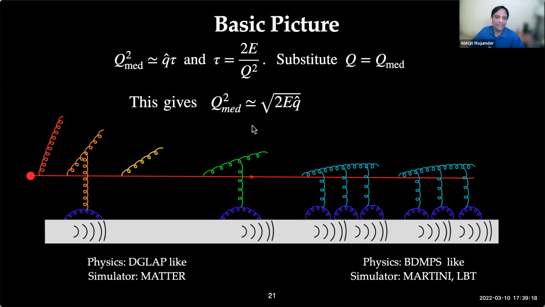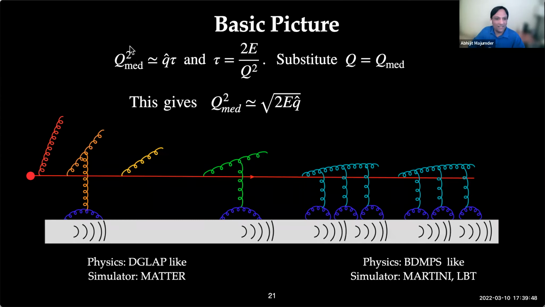Okay, so how did I get that estimate? Well, if you say that the generated virtuality is completely driven by scattering, then given the lifetime of a parton between splits, the generated virtuality would simply be Q hat times that length. Remember, Q hat is transverse momentum squared per unit length. Length and time are the same thing, basically, since the thing is moving at the speed of light. We're not doing heavy quarks like Rishi right now.